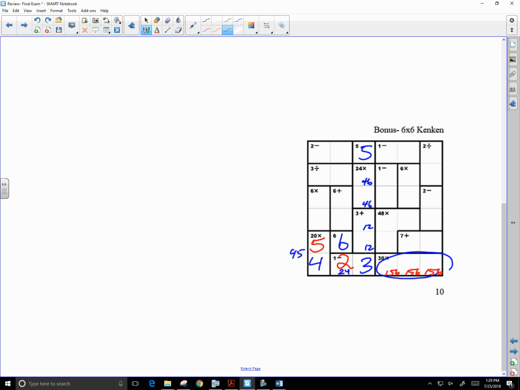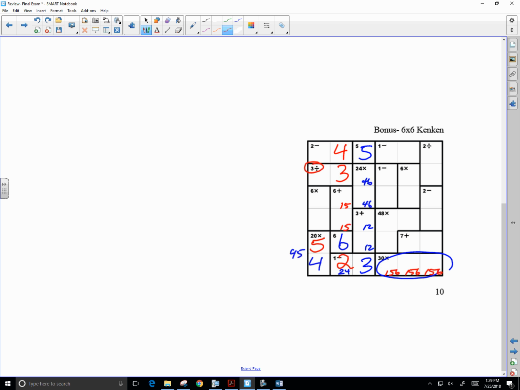You can't repeat within a row or column, so it can't be 3 and 3. So to get to a 6, it has to be a 1 and 5 in some order because it can't be a 2 and 4 because 2 is already used. So we have 3 and 4 left over, but I can't use 4 in dividing to equal a 3, so this has to be a 3, making this a 4.